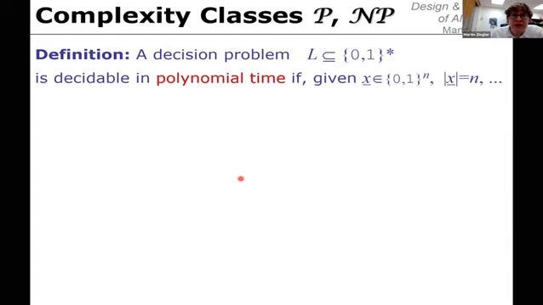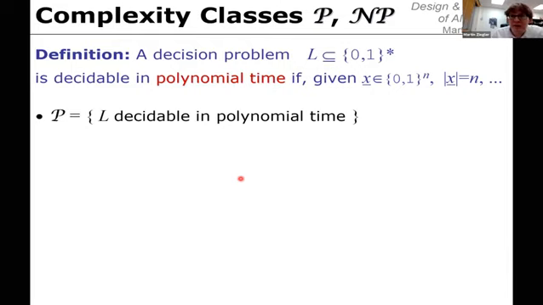We say that such a decision problem L is decidable in polynomial time if there exists an algorithm which, when presented with some finite binary string of length n, within polynomial time answers whether this string belongs to L or does not belong to L. And the class P, the famous class P, is the class of all decision problems that can be solved in polynomial time in this very sense.